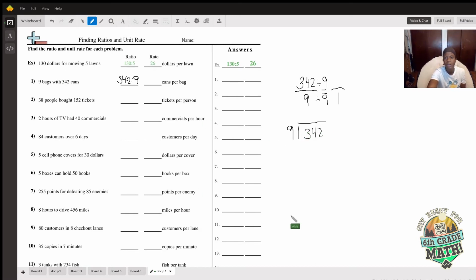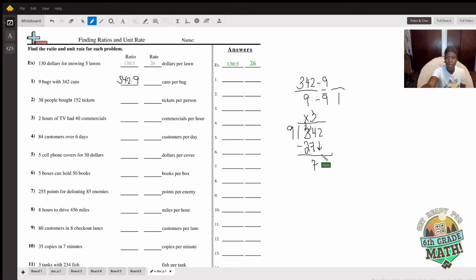All right, so let's start asking the questions. How many groups of 9 can go into 3? None. How many groups of 9 can go into 34? So that's when we know our times tables. 9 times 1 is 9. 9 times 2 is 18. 9 times 3 is 27. So we put the 3 up here. 3 times 9, 27. We subtract. 14 minus 7 gives us 7. 2 minus 2, 0.